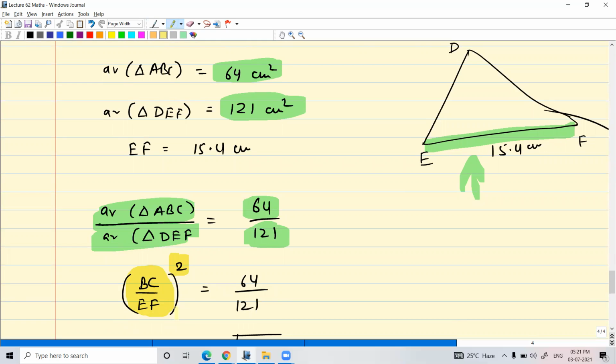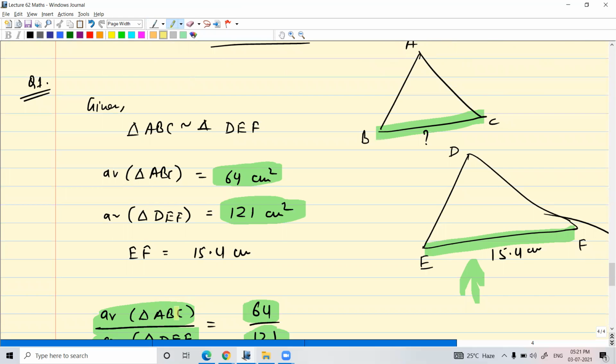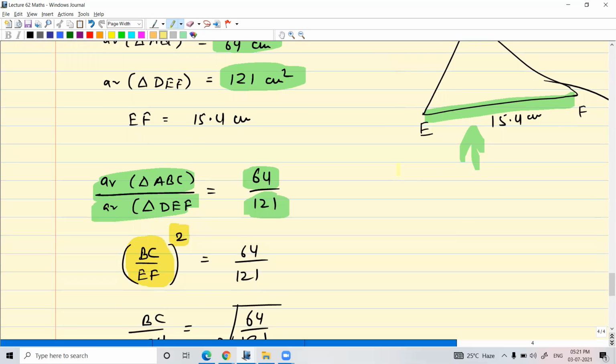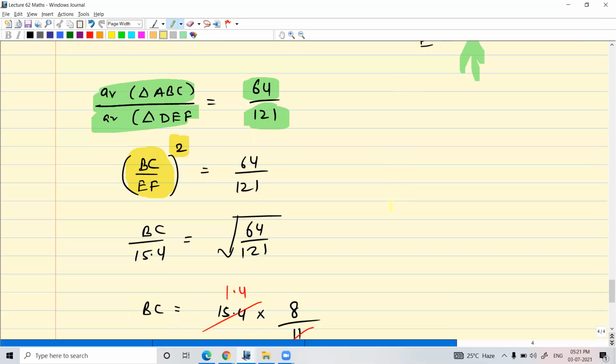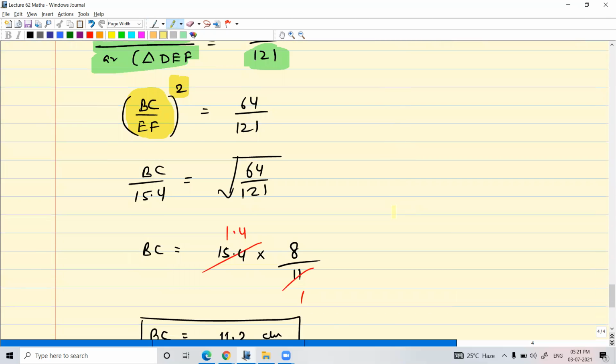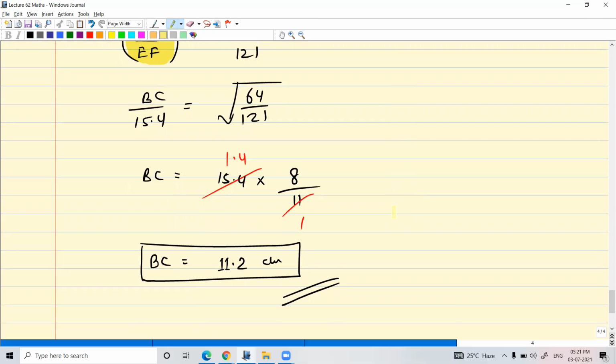So we could have taken any of the three corresponding sides, but we chose BC and EF because EF is given and we are supposed to find BC. That's why we have chosen BC by EF whole square. And then it is just a simple equation. You have to solve it and find the value of BC. Confirm everyone okay with this? Yes, sir.